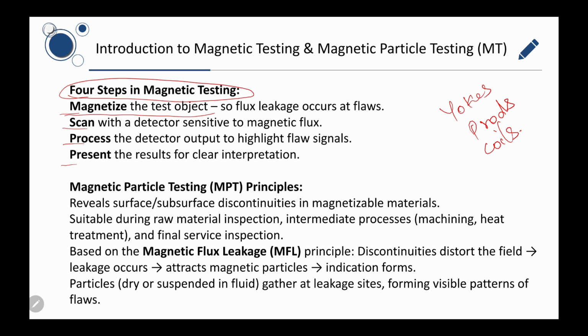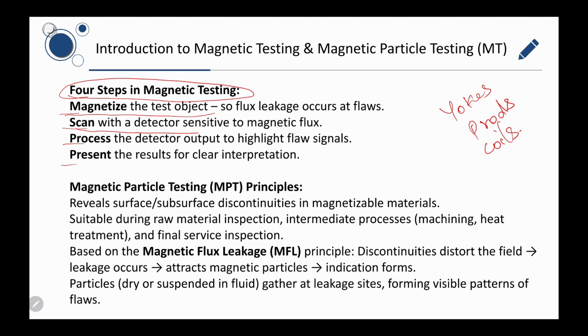With any technique used, any cracks, voids or inclusions will disturb the magnetic field, causing flux leakage at the flaw location. Second step is scan with the detector or magnetic particles.